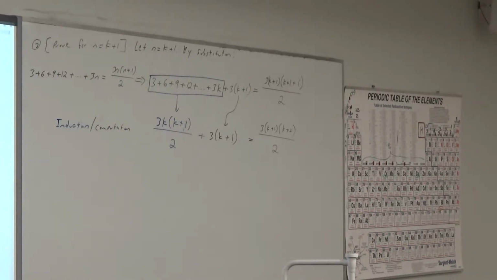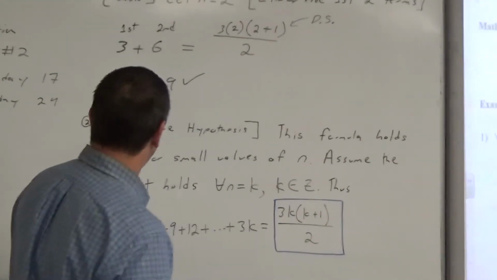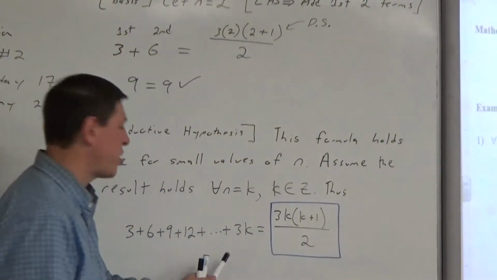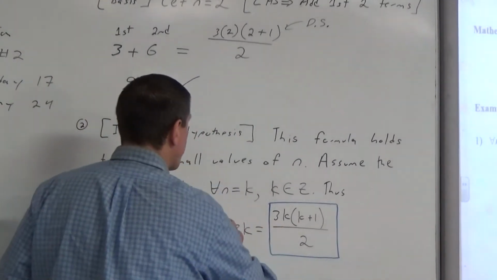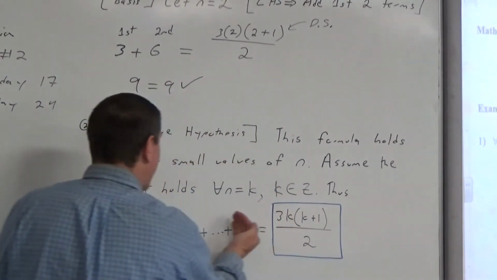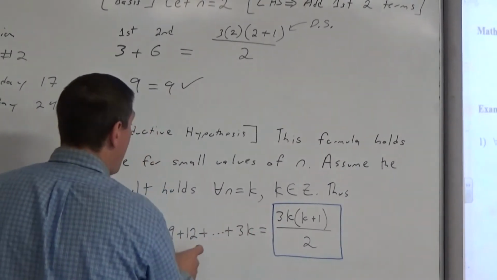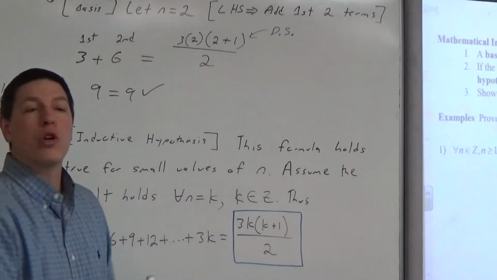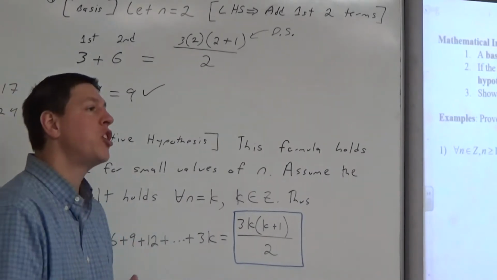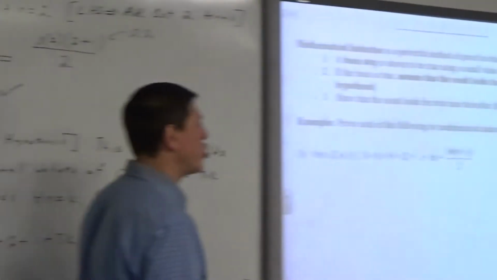Every time you do an induction problem, you're going to substitute this, even though it's not substitution. You think of it like substitution. And you're going to substitute the right-hand side back in for this potentially very lengthy number of terms. All right. Now, we're still not done, but at least we have a fighting chance to get done with this because the rest of it's algebra.